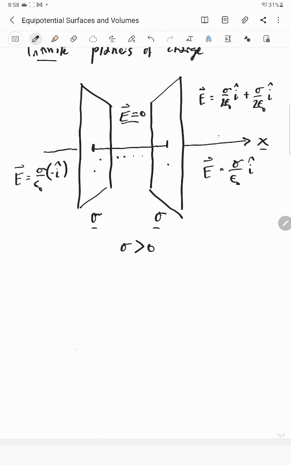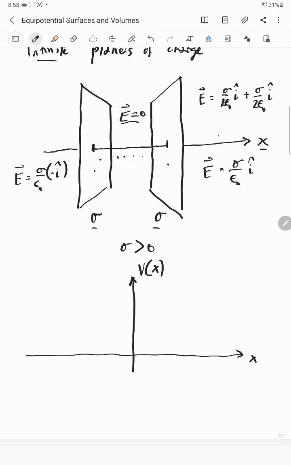And so it's suggesting to us a picture of the potential that looks like this. And in this case, we're talking about the potential as a function of x, independent of the y or z coordinates, because the y and the z are irrelevant in the infinite plane situation.